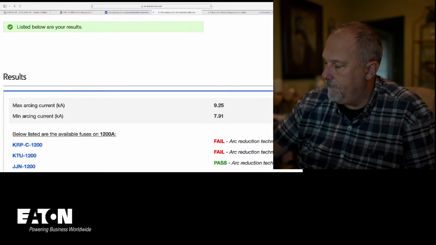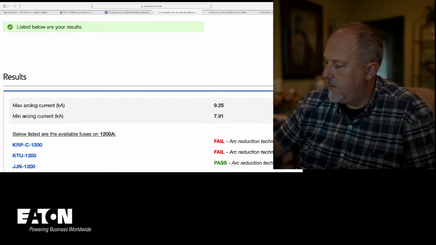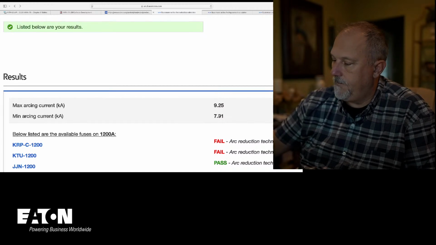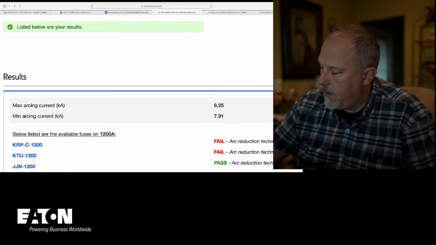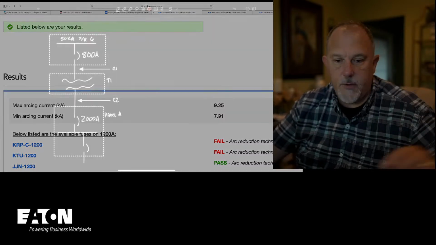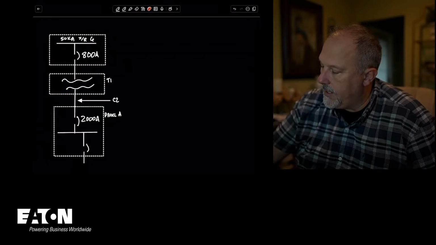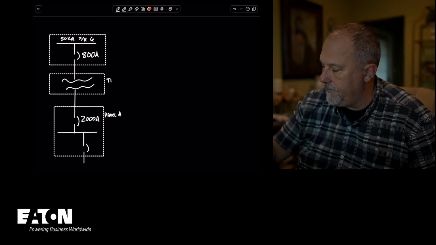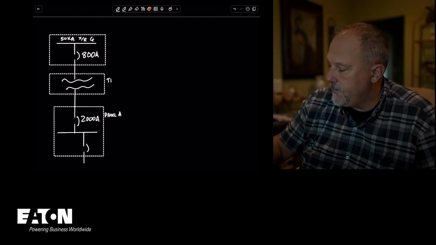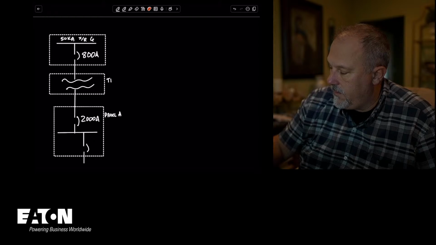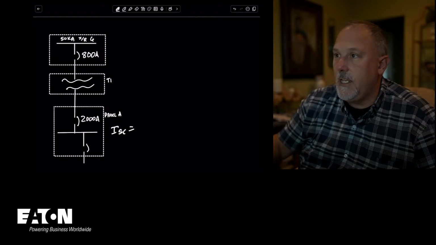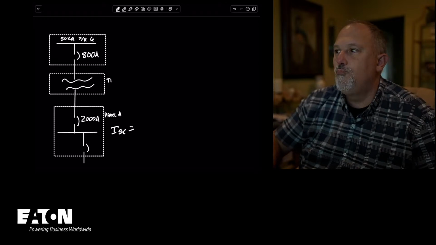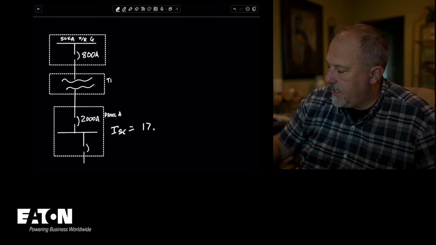So I am going to do this. Copy. Paste. All right, I'll show you what I'm doing. I am deleting panel A. So we know that I short circuit is equal to 17.57 kiloamps.